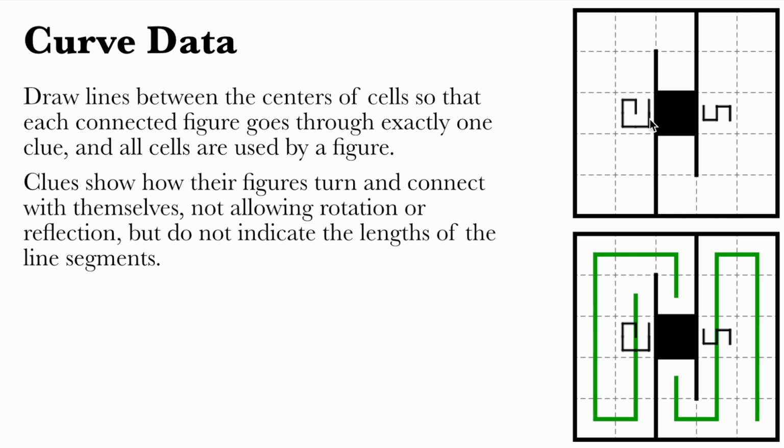This rightmost leg in the shape is actually the middle part of the solution, because as it goes down and left, that left segment is short, and then it goes up and right, and the right segment is long, which is the opposite of how it's depicted in the clue. So that's what you have to kind of get your brain around, that these shapes, while accurate, might be in a configuration that you have to really think about to see that they are equivalent.